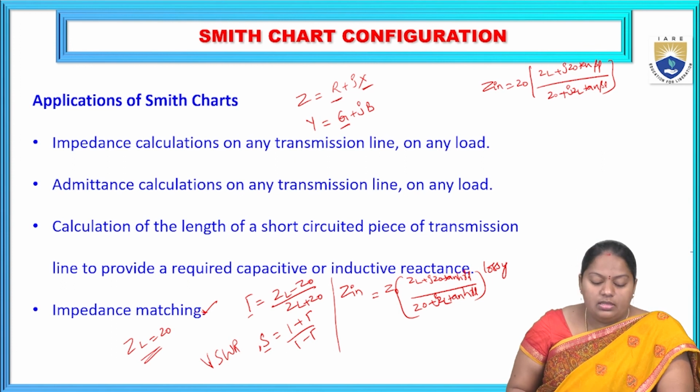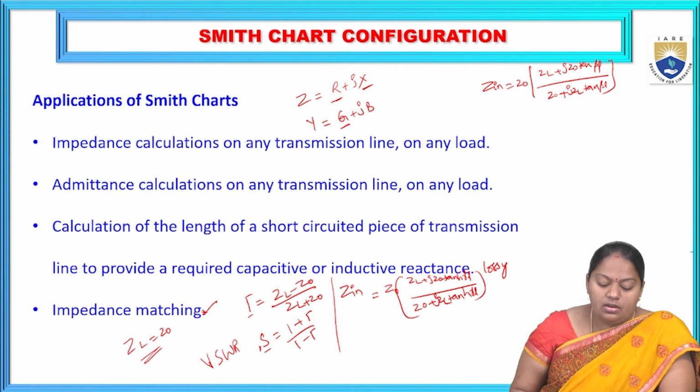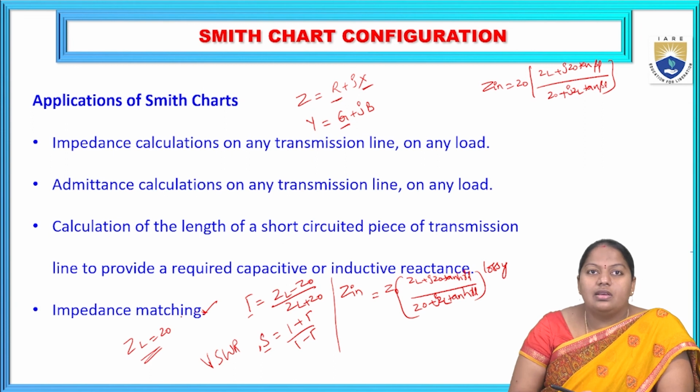Then the line is said to be perfectly terminated, and the concept is called impedance matching. With the help of this, we can avoid reflections, and the maximum amount of power can be transferred from source to the destination, or from one place to another place.